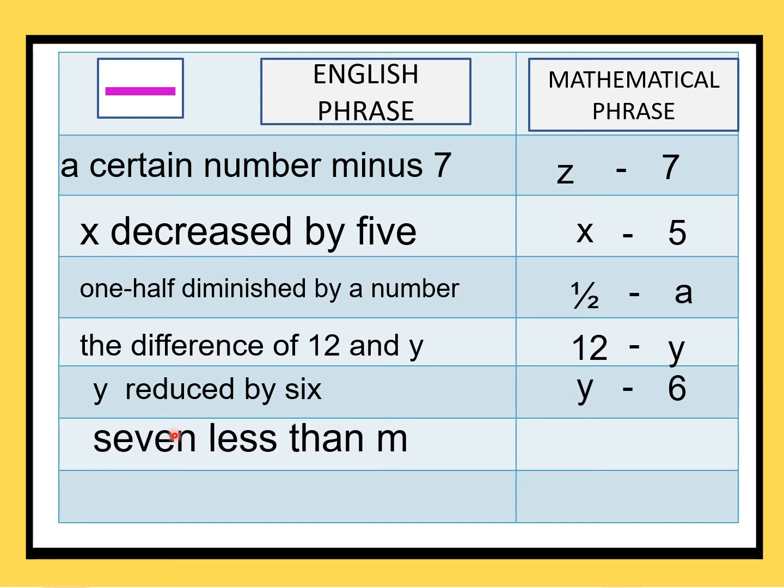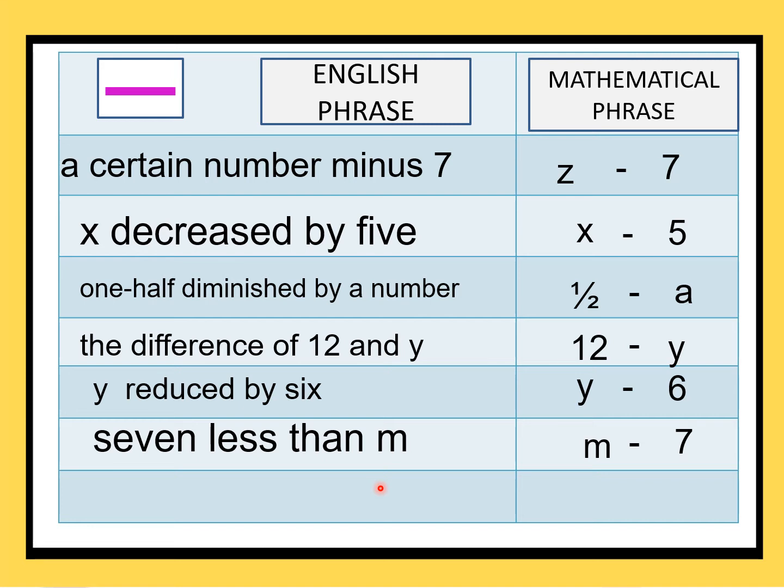Next one is 7 less than M. So, ang keyword natin ay less than. So, katulad kanina ng added to at saka more than, so ito, ibig sabihin, 7 less than M. So, 7 ay ibinawas sa M. So, that means M minus 7.